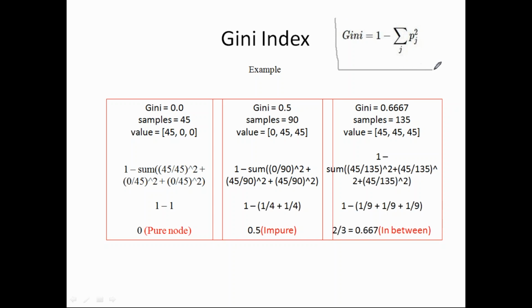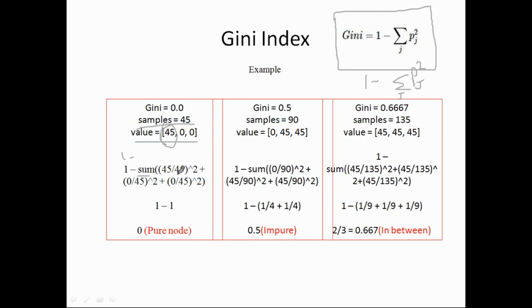The formula for Gini index is: 1 minus summation of p_j squared. So I will tell you, you see samples are 45 and values are this. How is it calculated? 1 minus sum of the squared probabilities. What is the probability that all the 45 samples are of class A only?